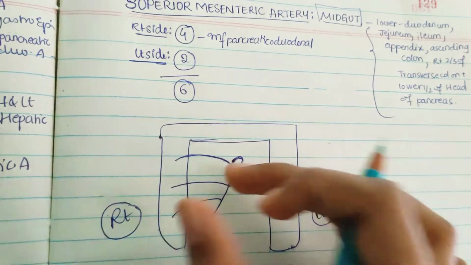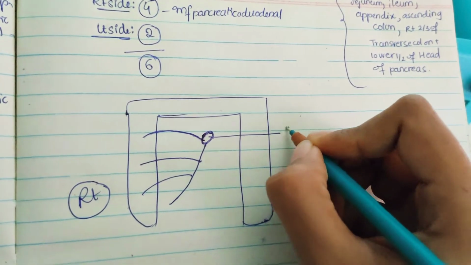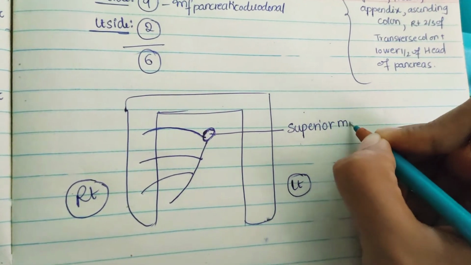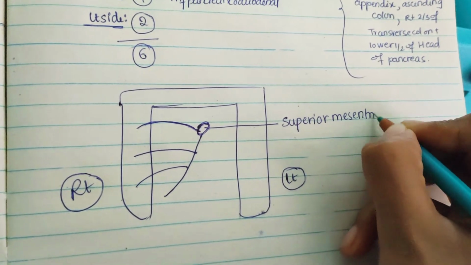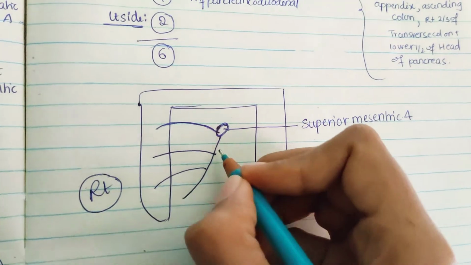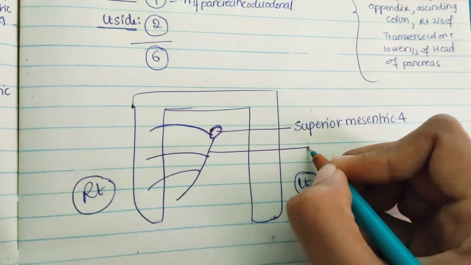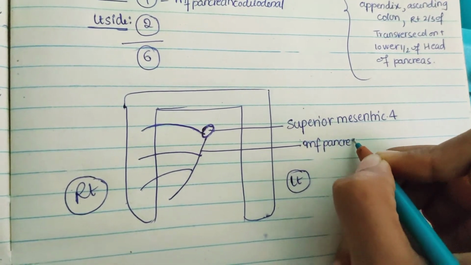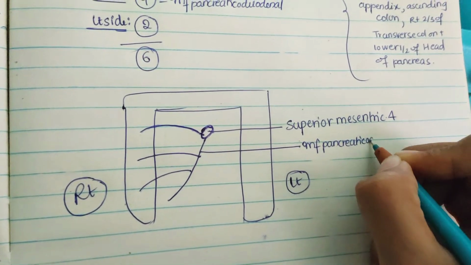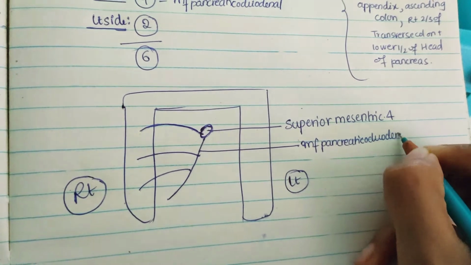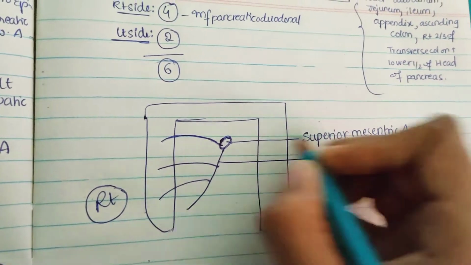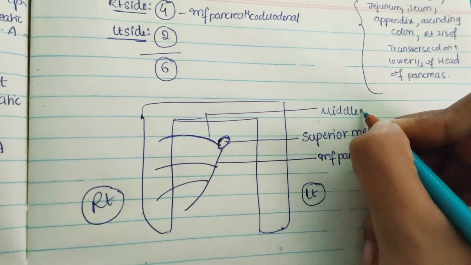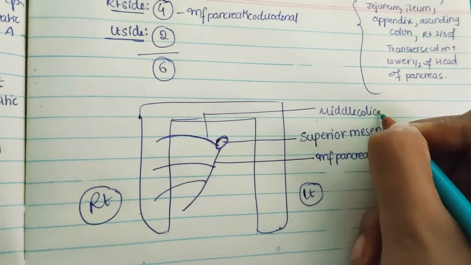Now let us mention the names. This is our superior mesenteric artery. From here the first branch is the inferior pancreatico-duodenal artery, and the next one is the middle colic artery.